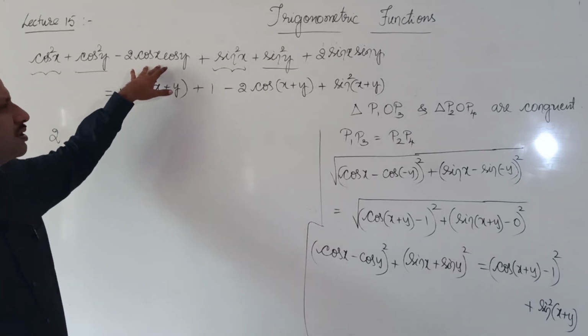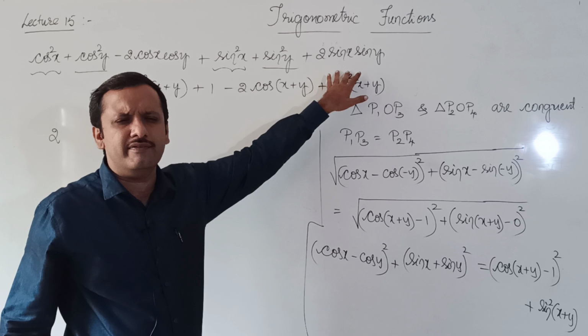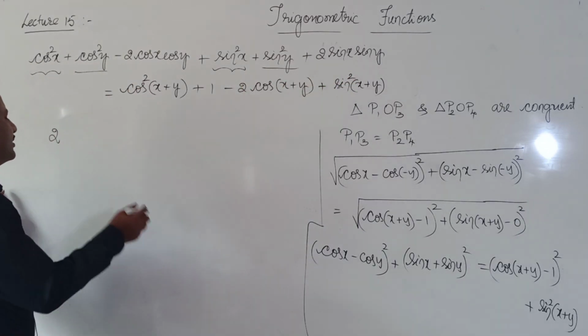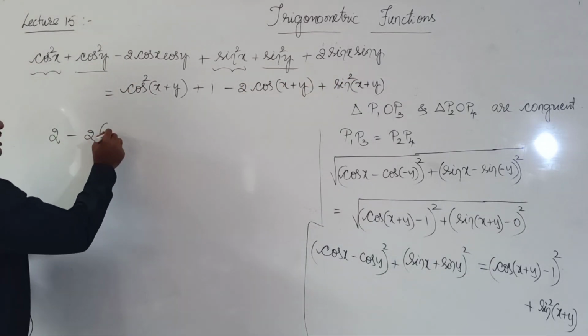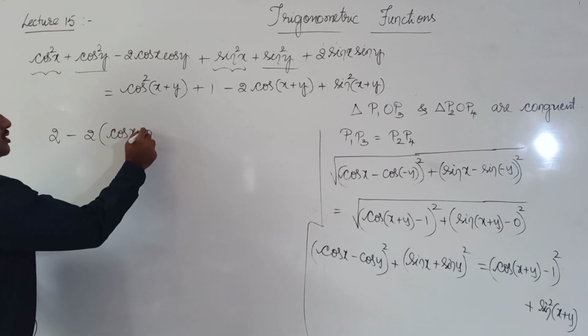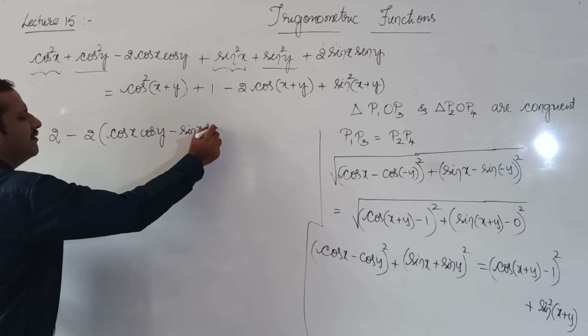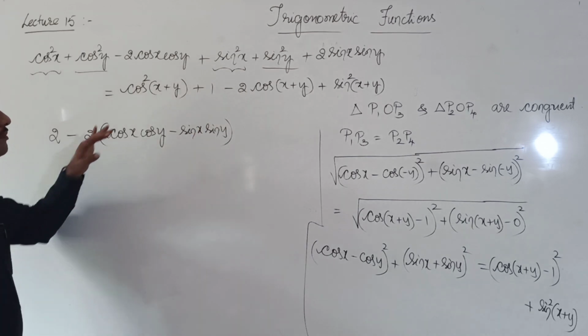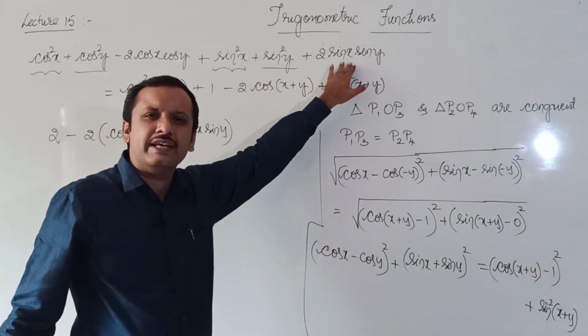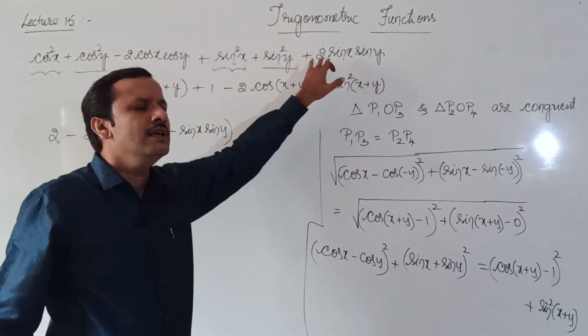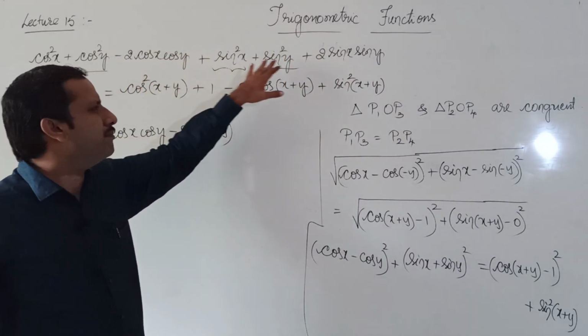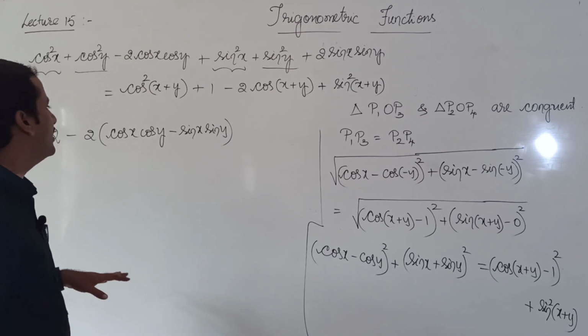Minus 2 cos x cos y plus 2 sin x sin y. I will take minus 2 as a common factor between those two. Minus 2 into, now what will remain? cos x cos y minus sin x sin y.